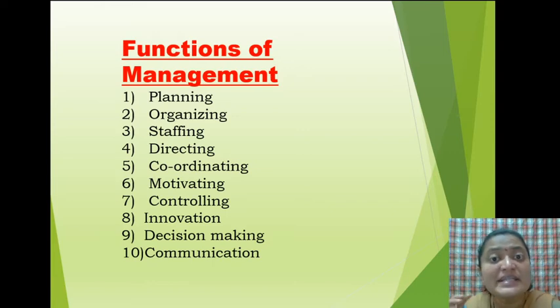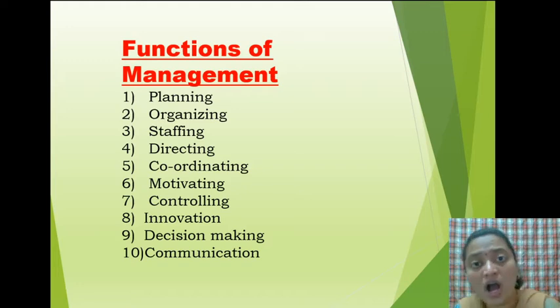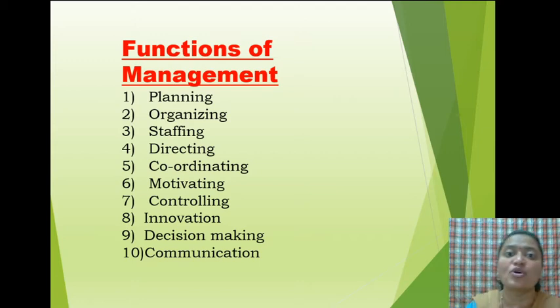Then the next one is staffing. Staffing means how to select the employees in the organization. As I have told you, different kinds of employees or workers will be there. So how do you select those employees in the organization? There should be proper selection and training. Selection means you need to select the right person for the right job.